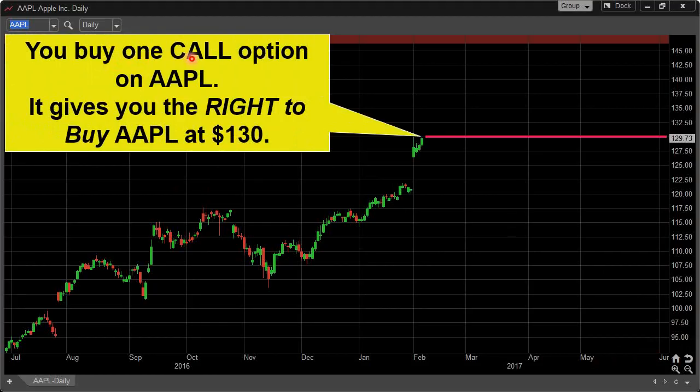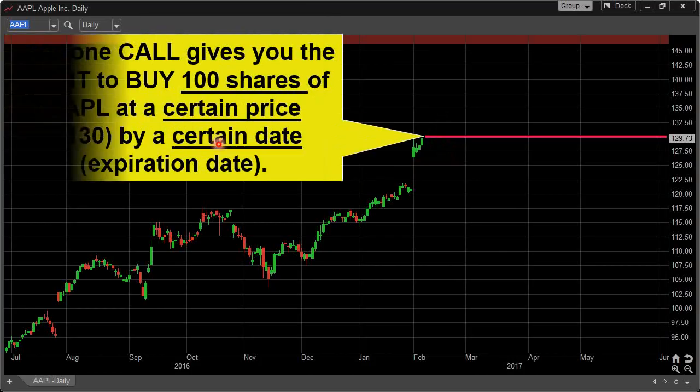So when you buy one call option, it gives you the right to buy Apple at, in this example, 130. Now understand, we could have specified other prices. We could have bought the right to buy Apple at 135, 125, right? But in this example, we're choosing the price of 130.